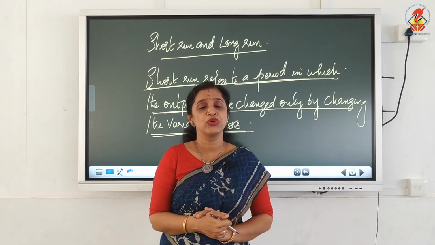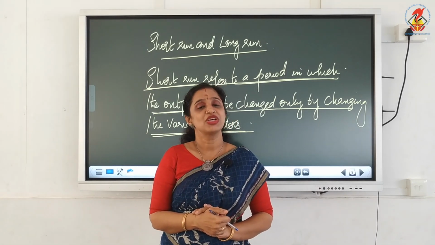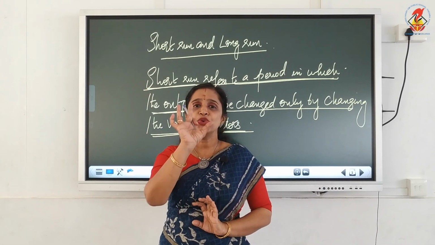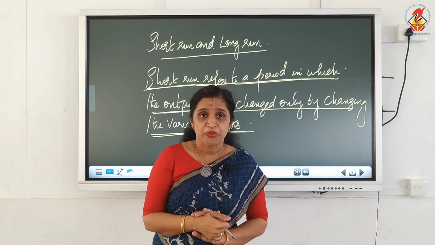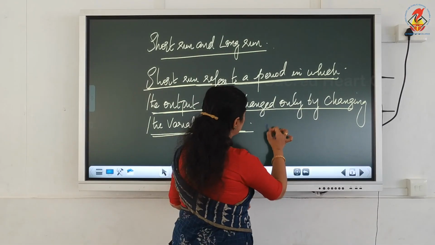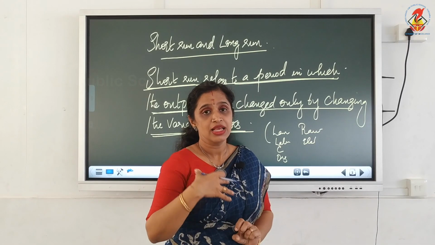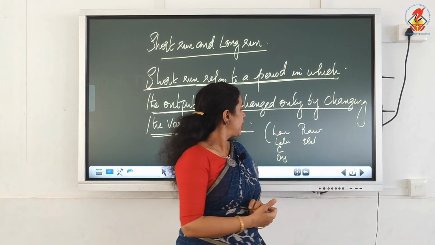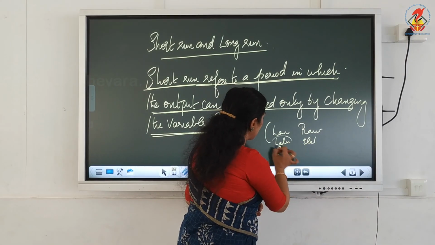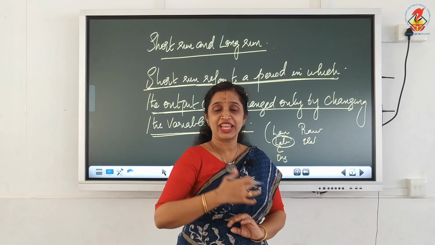Now you need to know what these variable factors are. You know about the factors of production, right? Land, labor, capital and organization. Along with that we can add raw materials and electricity as sub-factors. In this, labor can always be changed.